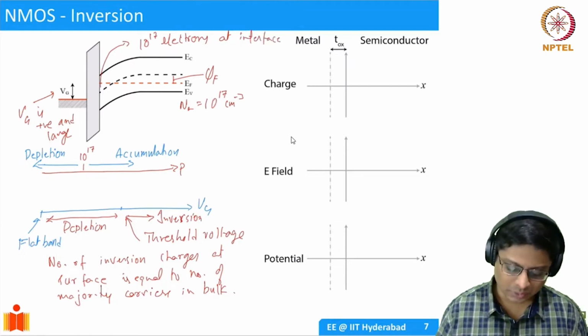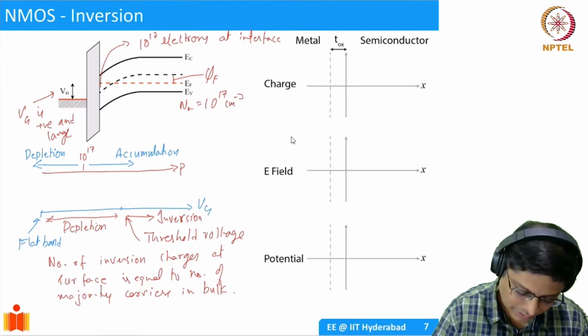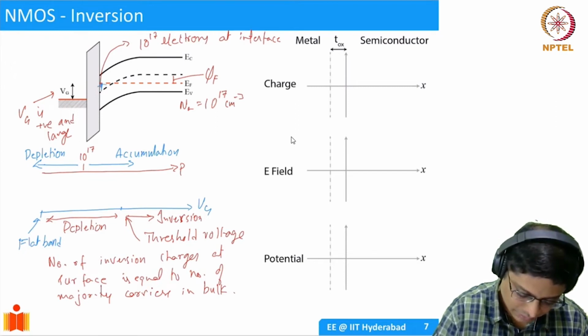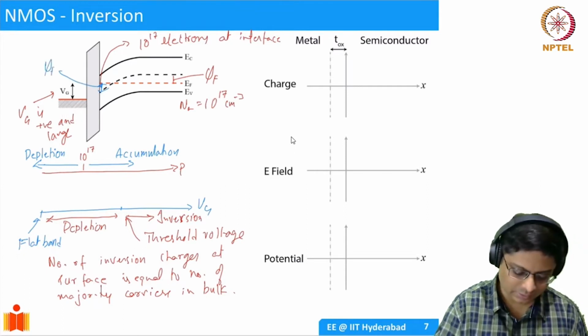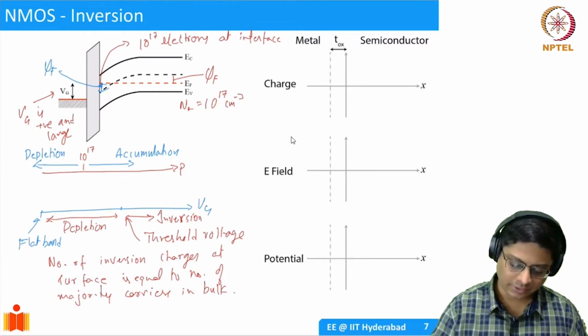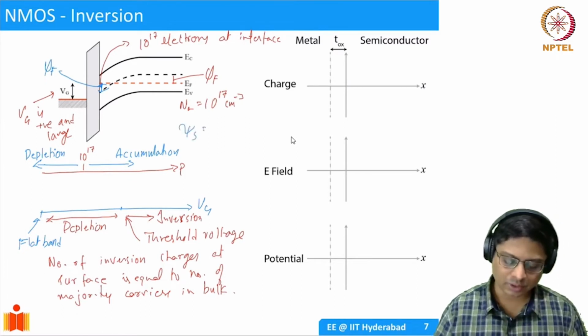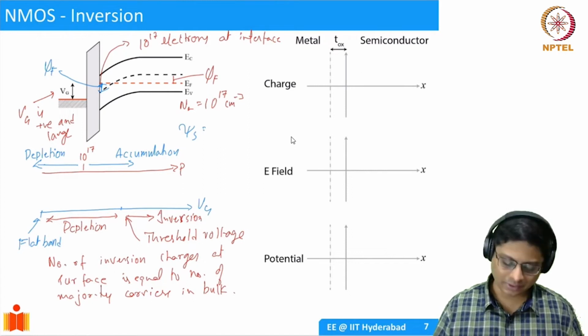How do you know that? Well, I have carefully drawn this in such a way that this is my phi f, and even this is going to be my phi f. The distance is phi f again. Now what is the surface potential here? Psi s should be equal to EI, taking EF as a reference level.